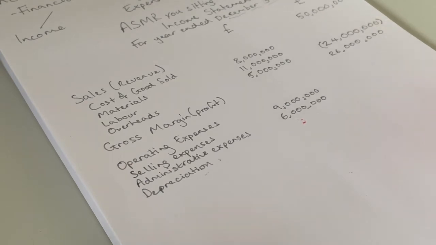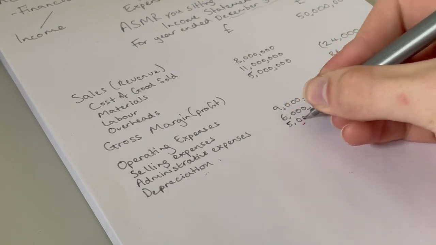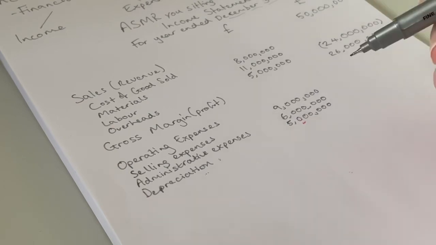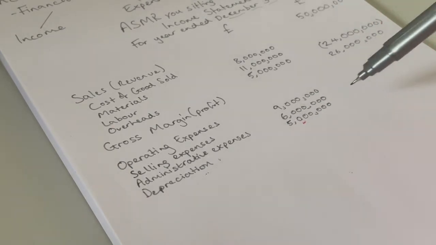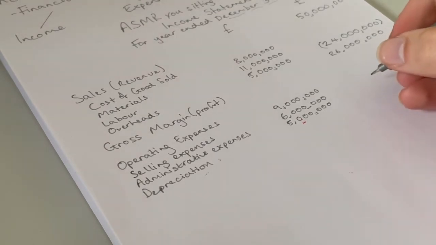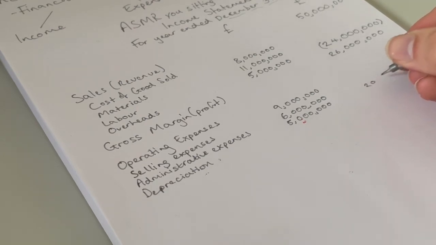Okay, so again, arbitrary figure, let's say 5 million. So over the course of the year, the value of our assets has gone down by £5 million, and that is technically an expense because that's money that we have spent that we're not going to get back, if that makes sense. So that in total is 20 million.